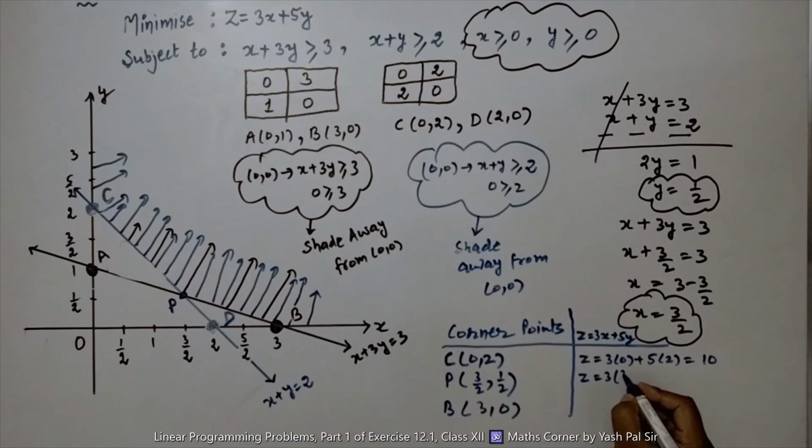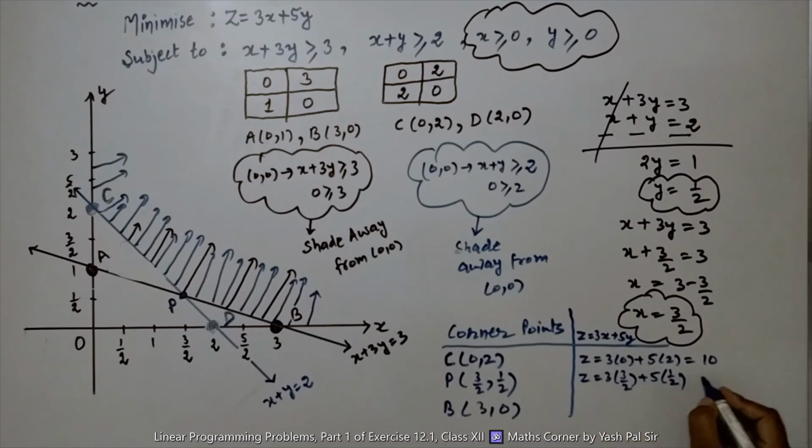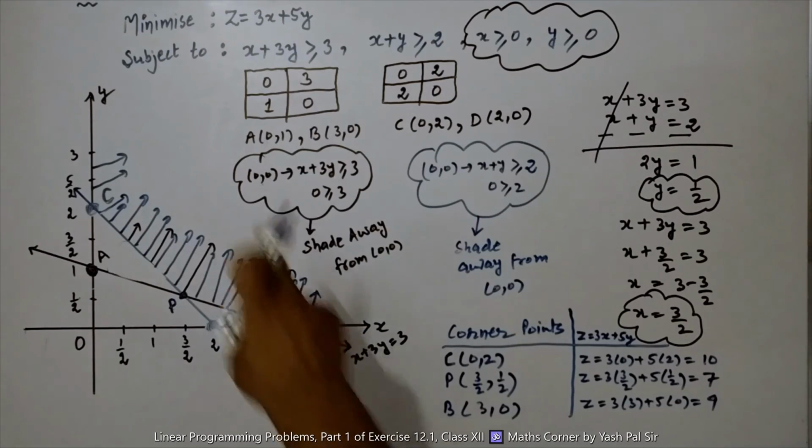Next time, Z is equal to 3 into 3 by 2 plus 5 into 1 by 2. This becomes 9 plus 5 over 2, 14 upon 2, 7. Third time, Z is equal to 3 into 3 plus 5 into 0. This is equal to 9.